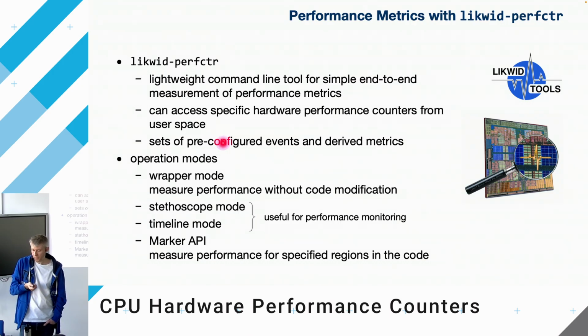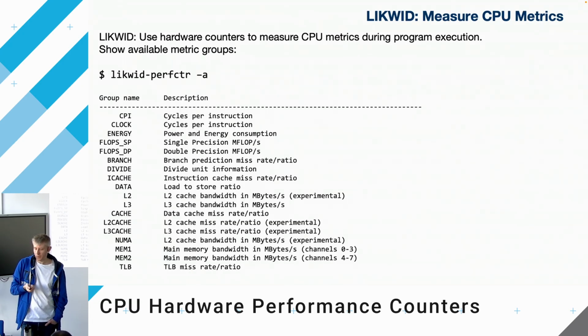There are multiple operation modes to get a closer look at what happens. So there you can see these groups. These are groups of metrics, and you can list the metrics that are available for your CPU architecture. So the tool knows multiple CPU architectures. And here you see, for example, you can look at the number of floating point operations.